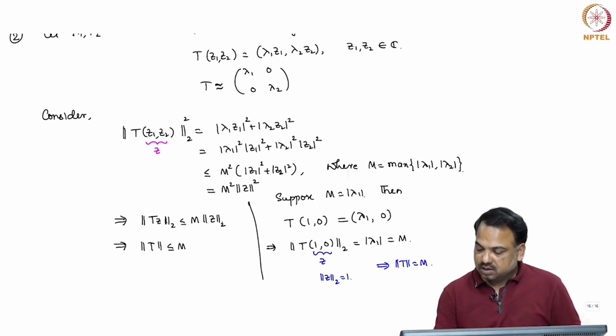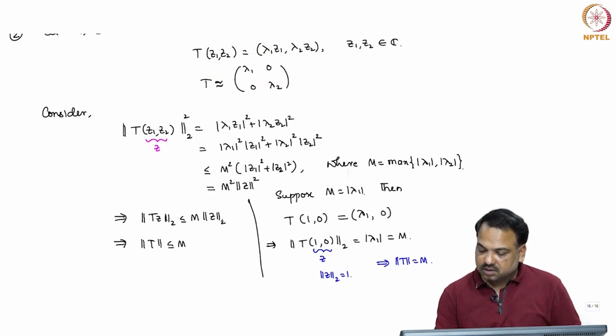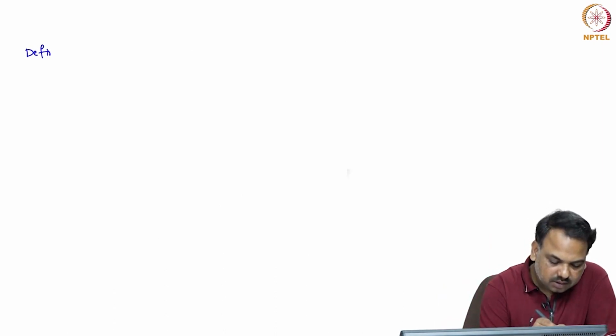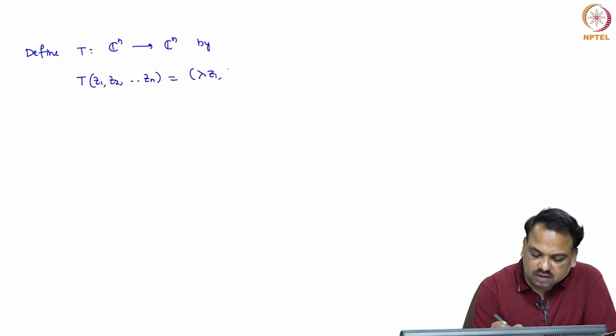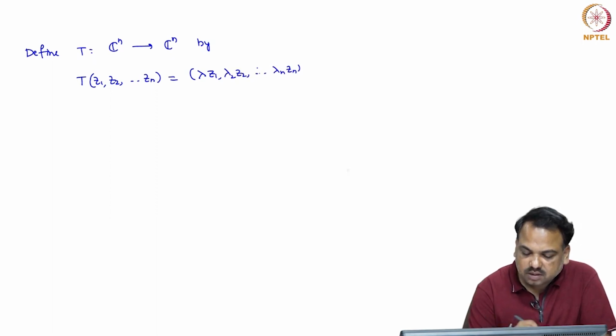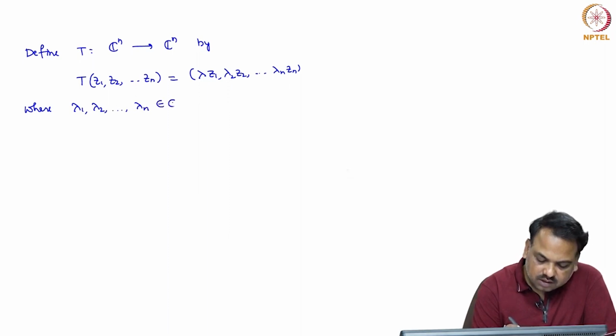Okay. Now we can generalize this result slightly to a general setting. Let us define T from Cn to Cn by T of (Z1, Z2, ..., Zn) is (lambda 1 Z1, lambda 2 Z2, ..., lambda n Zn), where lambda 1, lambda 2, ..., lambda n are fixed quantities.